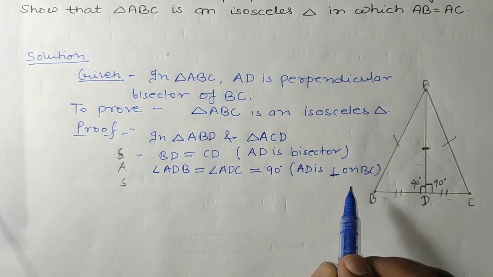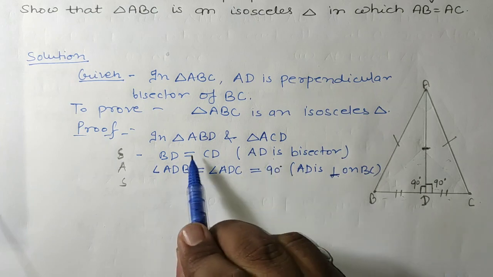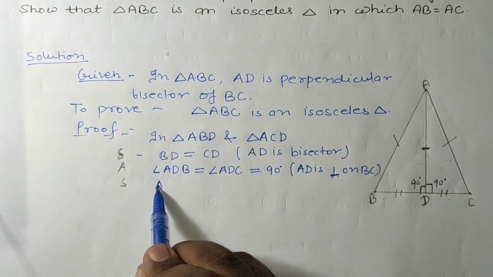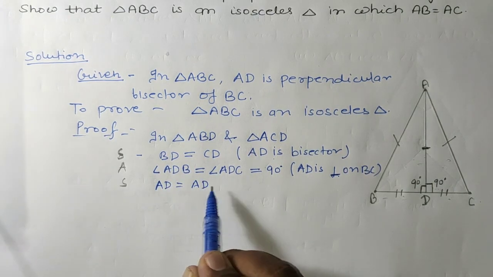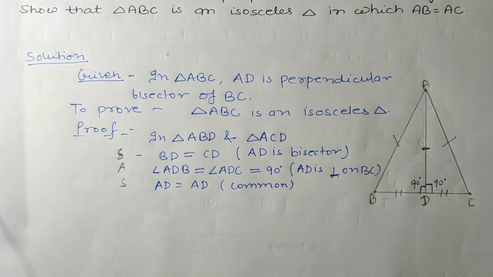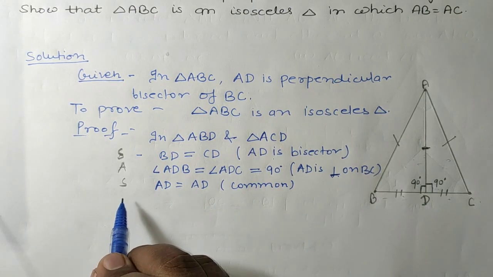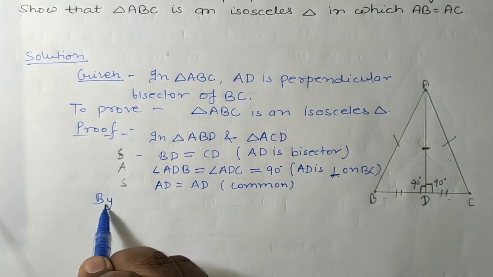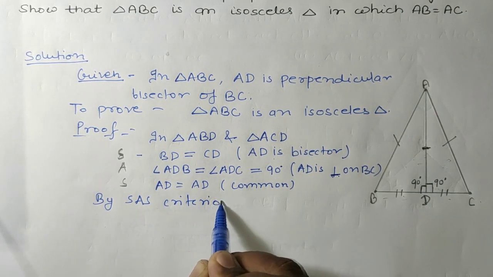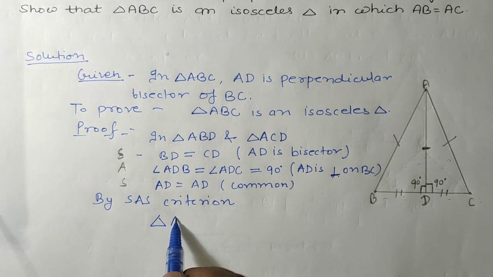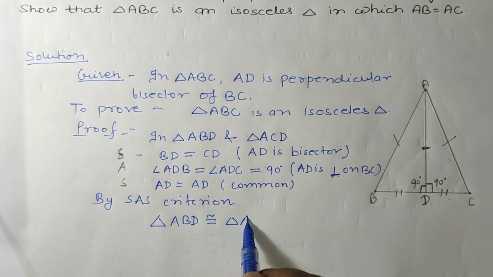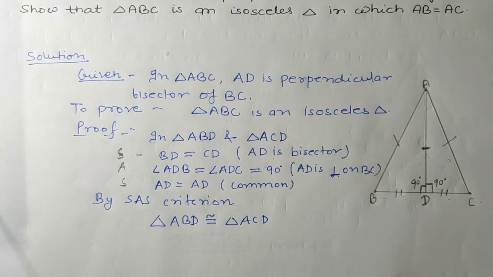Okay, since it is perpendicular bisector, so two elements are equal we are having, and one side AD is equal to AD, that is common. Okay, so by side angle side criterion, triangle ABD is now congruent to triangle ACD.